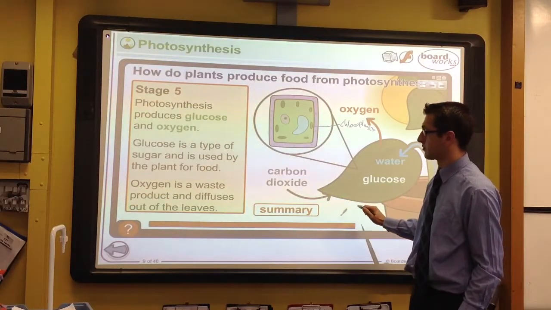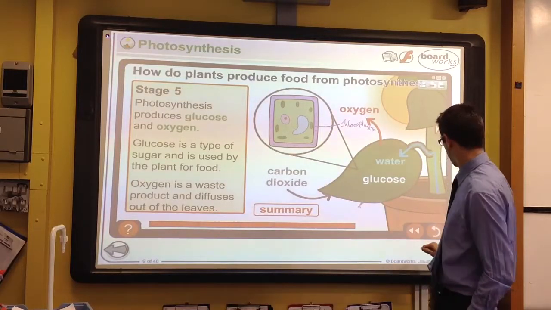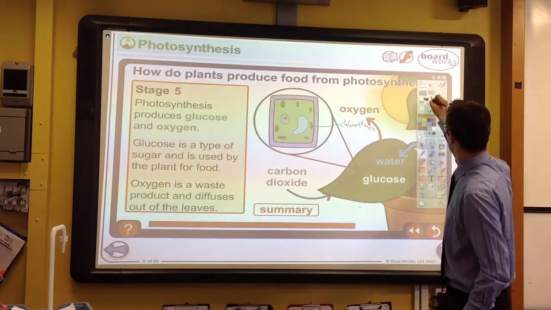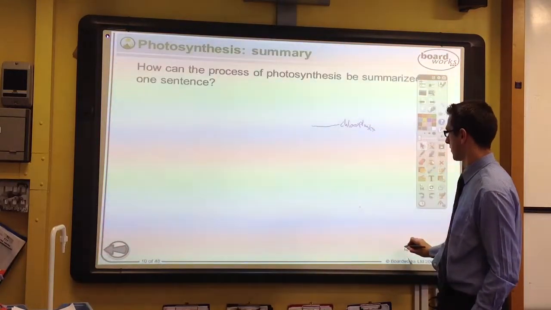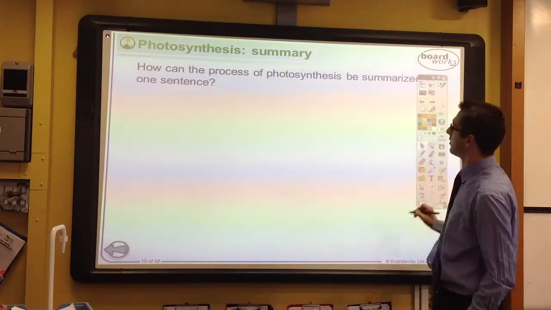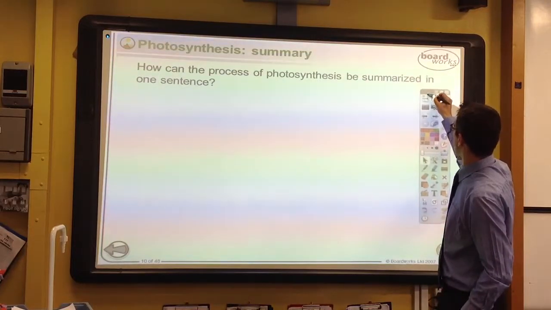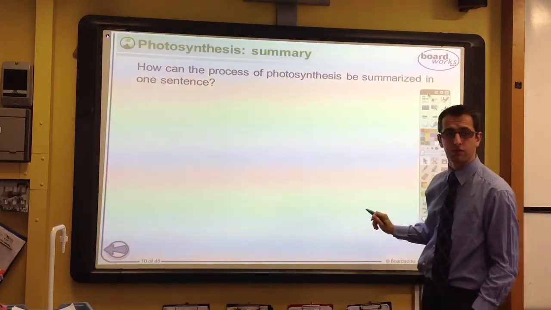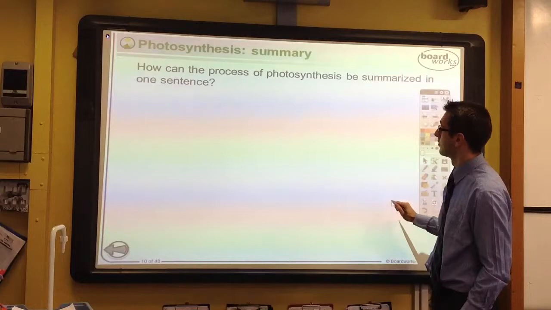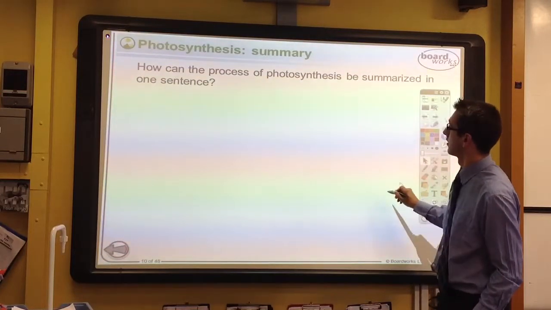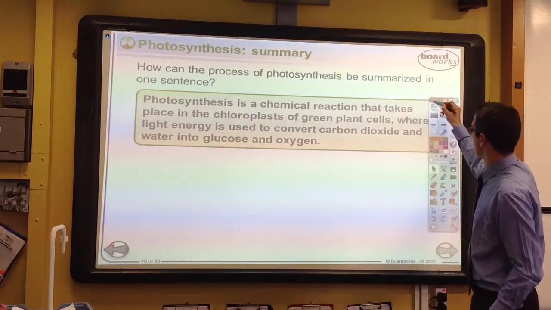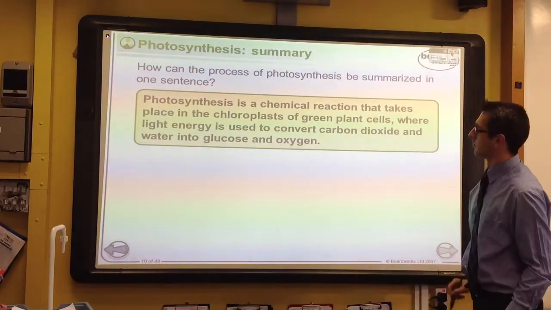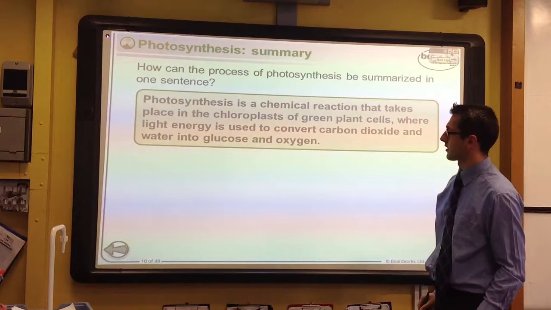You then need to be able to put that into some form of equation. And the classic equation you have to be able to describe in the word form and in the chemical form. So describing what it is to start with, we're saying that photosynthesis is that chemical reaction that takes place.